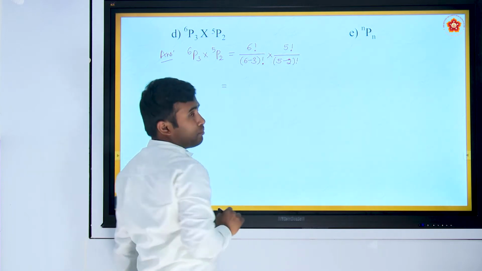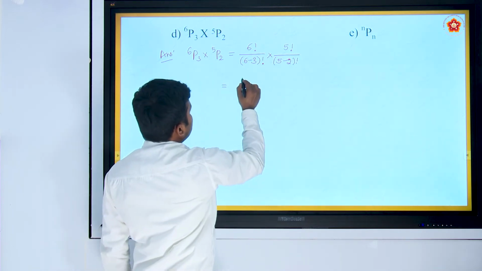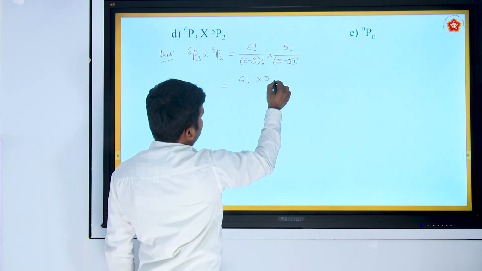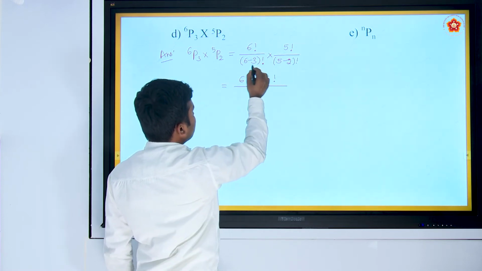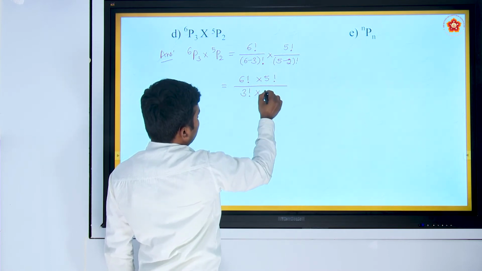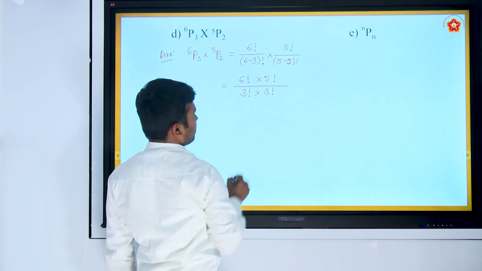This is equal to 6 factorial into 5 factorial divided by 3 factorial, since 6 minus 3 is 3 factorial and 5 minus 2 is 3 factorial.